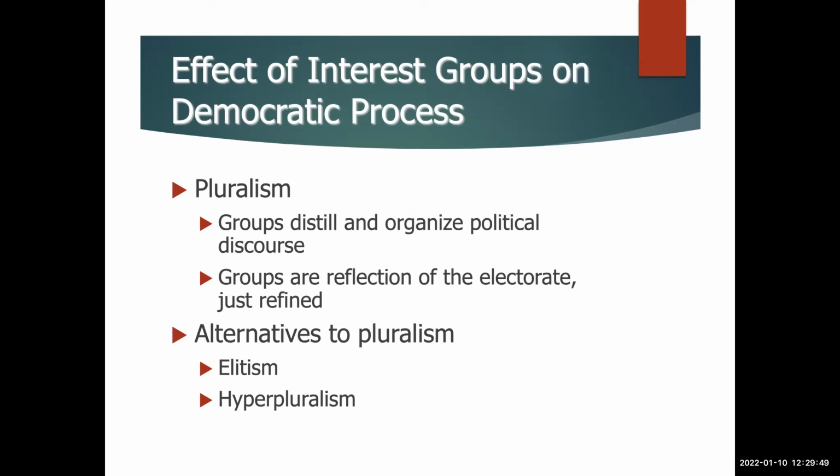They do convey the interests of certain subsections of the populace, but there is not a group for every perspective out there. Instead, the elitist perspective is that interest groups only represent elites. So people with money often have an interest group that represents their interests, and poor people typically do not.